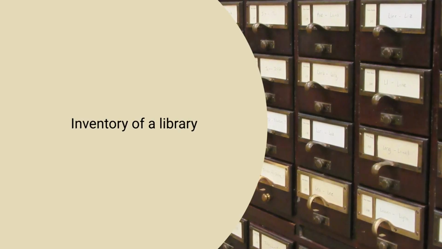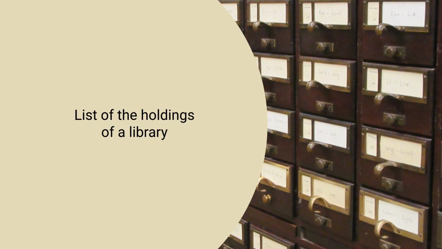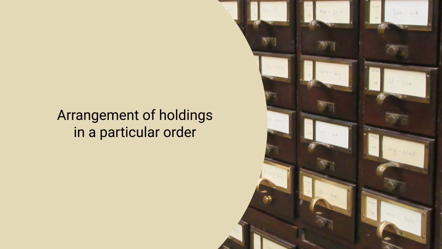We prepare a key to the things, and similarly in a library also we prepare a key to the holdings of a library. What all is there in the library? That could be a list, as we have been saying, but a catalog is more than a list. As we say, it is the inventory of the library. It is a list of the holdings of a library. We also say it is an arrangement of holdings in a particular order.